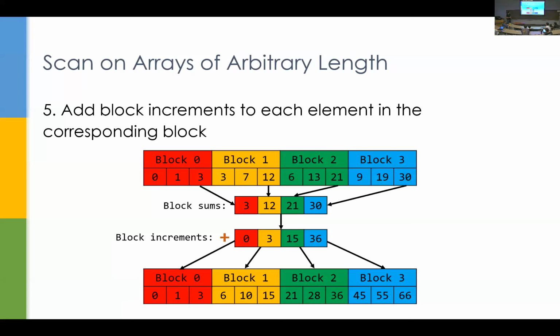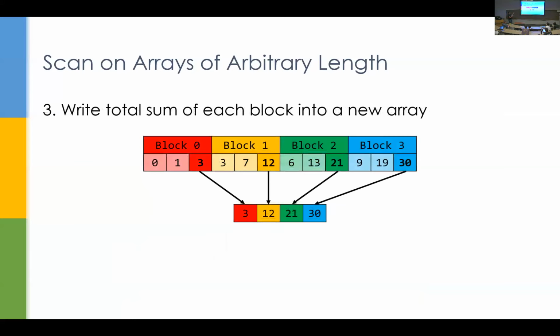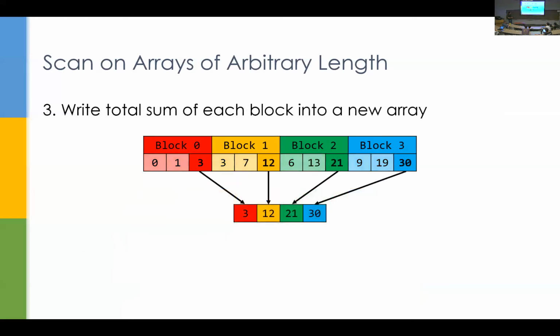Let me start. So think of these as bigger blocks, 200 elements. They all have some value that is the final element of the scan. Now, in this example, all of them are easy, because my input was 1 to 12, right? 0 to 10.